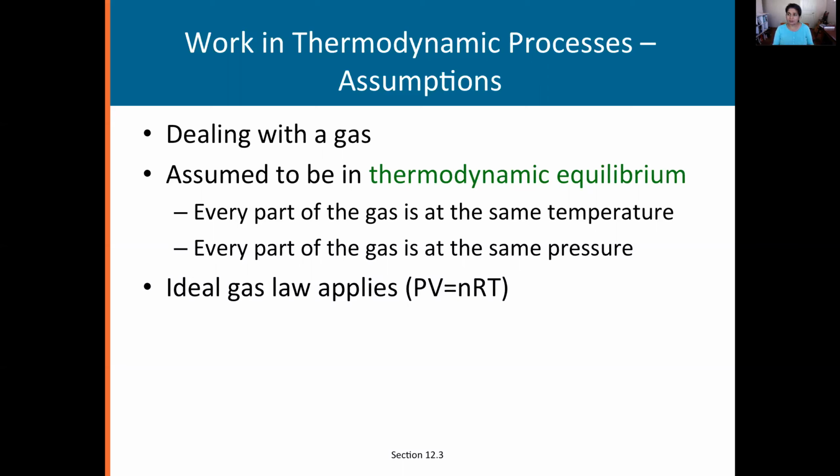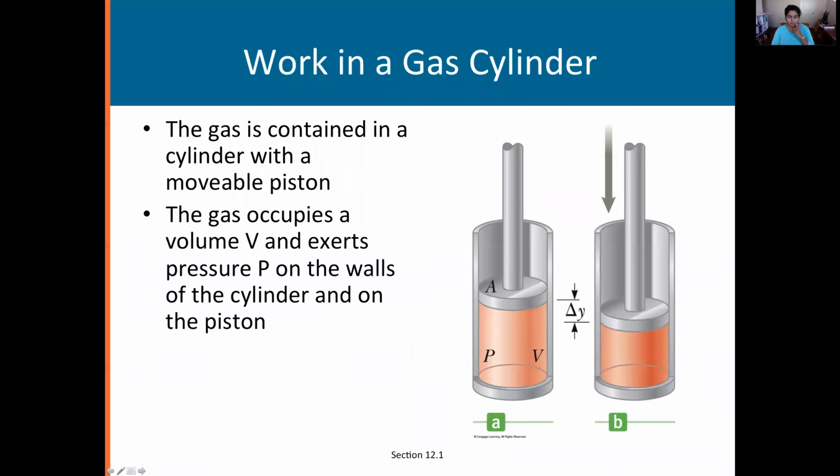Some parts of the gas are not hotter than the others. And if it's in thermodynamic equilibrium, then the gas law applies. We're going to use the ideal gas law, PV equals nRT. Okay, we're going to say that this always applies to the gas at every step, not just at the first and the last step, but every in-between step.